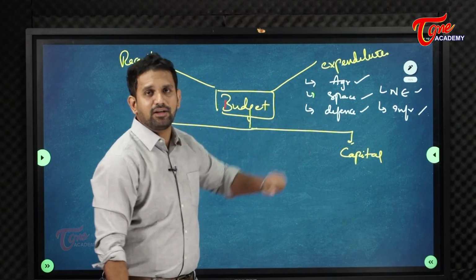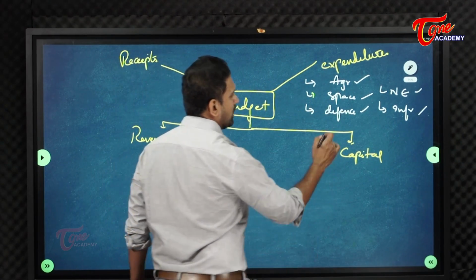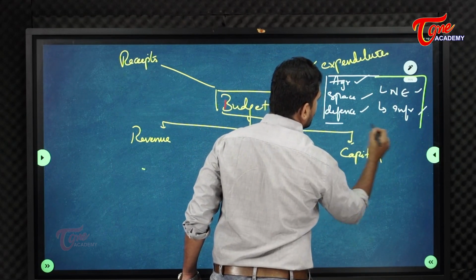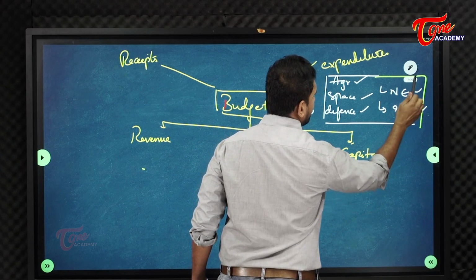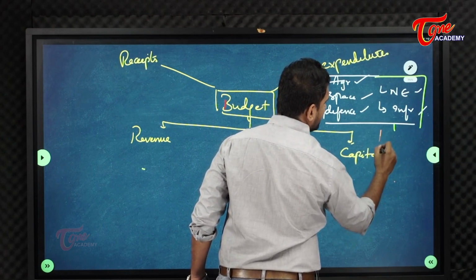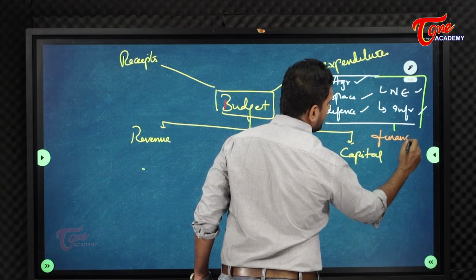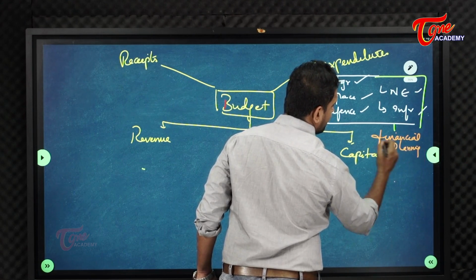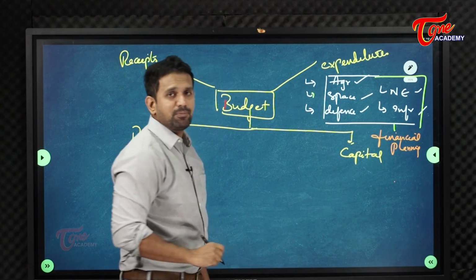This kind of planning is also called financial planning. So what kind of planning does the government do in our country? Financial planning. What is the meaning of financial planning?